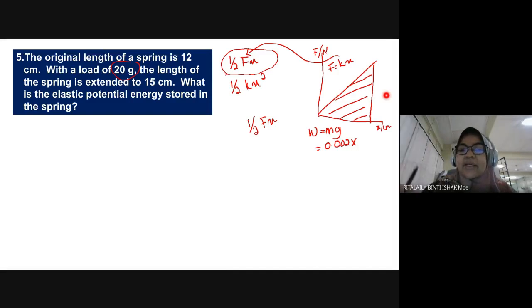So 0.02 kg times g. If we refer to KBSM, the g is 10.